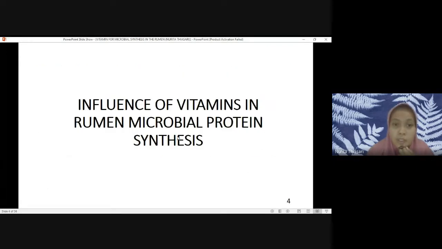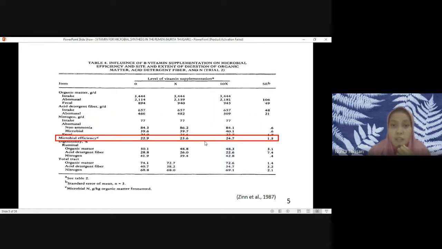Then I will explain more about the influence of the vitamins in the rumen microbial protein synthesis. First, this table I would like to show. This is about the addition of the B vitamin.